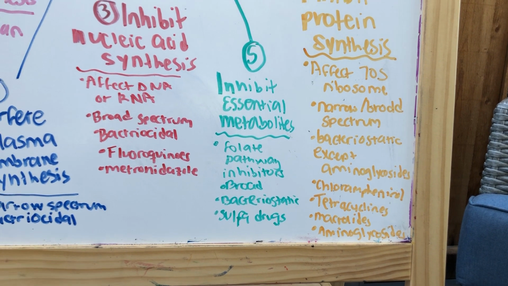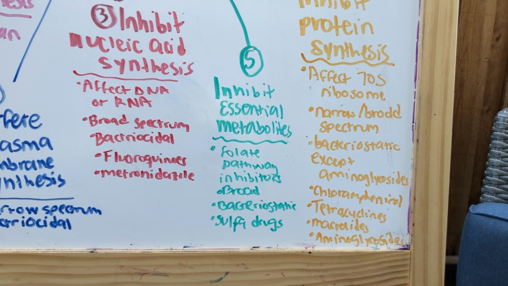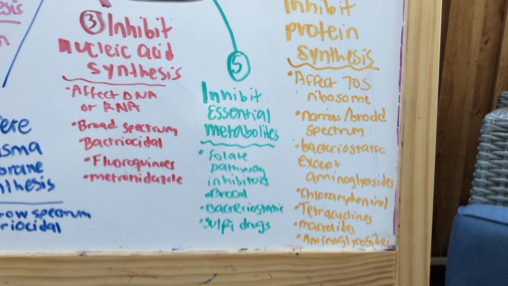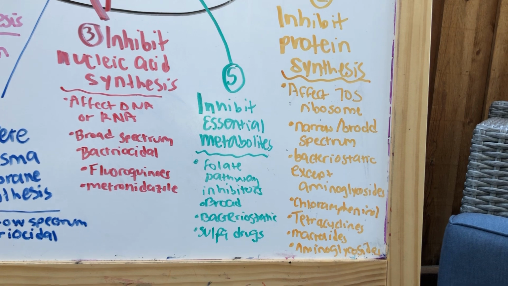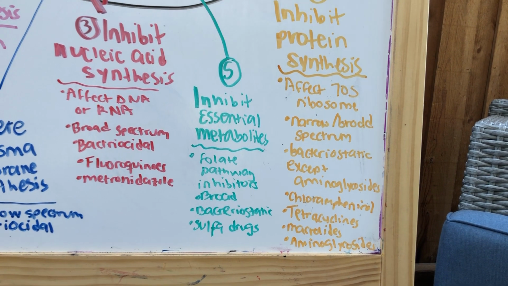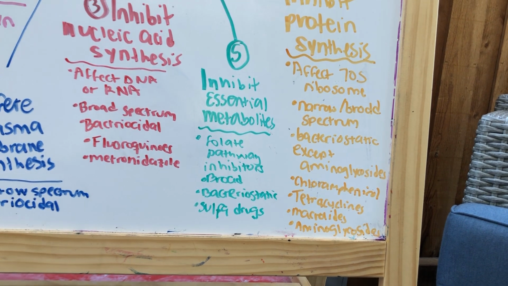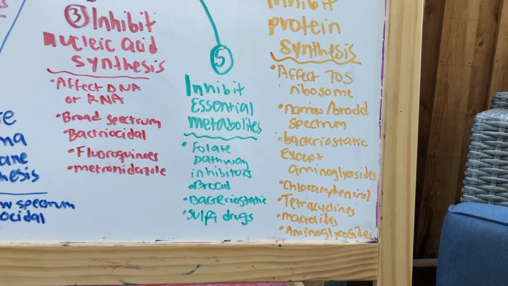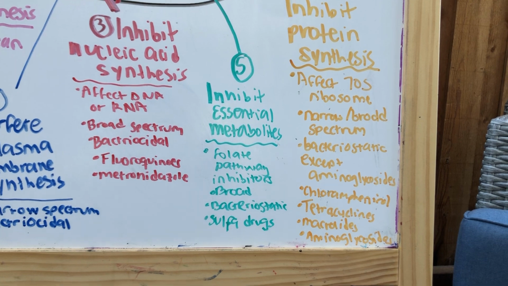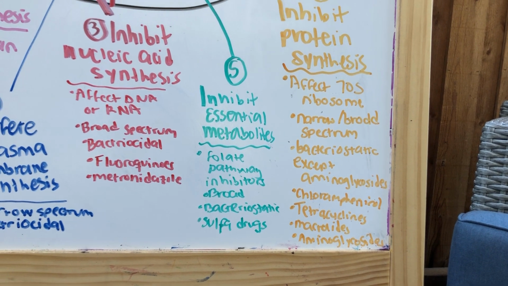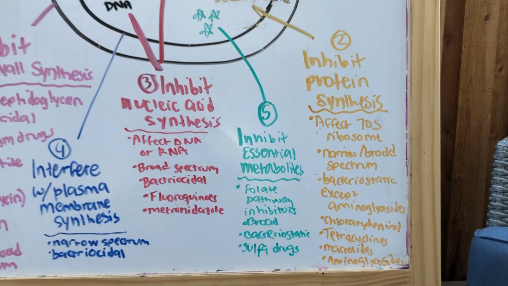Without the folate pathway, bacteria cannot make nucleotides, so this class of drugs is harmful to bacteria. They're bacteriostatic, so they stop bacteria from growing because if you don't make more nucleotides, you cannot grow. They're broad spectrum. They target many different types of bacteria, both gram-negative and gram-positive. And examples of these drugs are sulfa drugs.